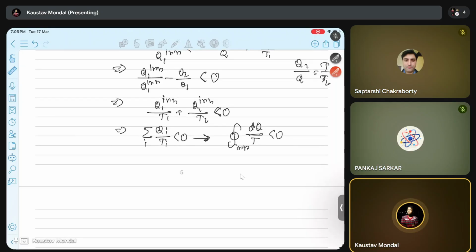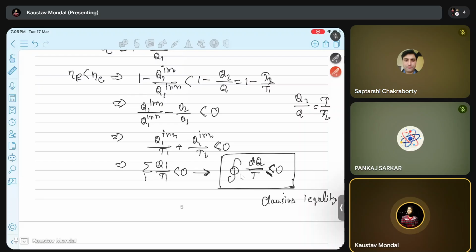This is basically known as the Clausius inequality. There is also a less than or equal sign, where the equal sign comes for the case of the reversible one. So if you consider any kind of process, reversible or irreversible, this inequality always holds.